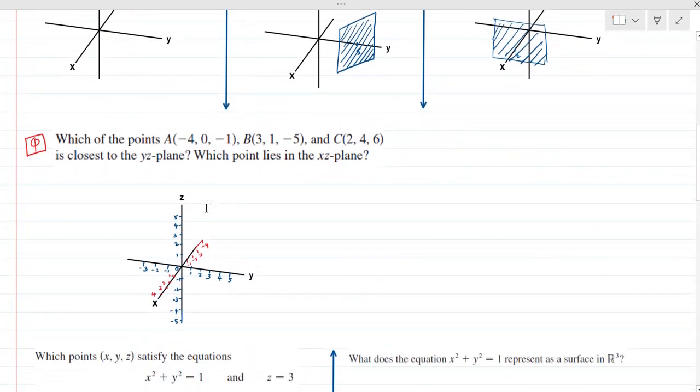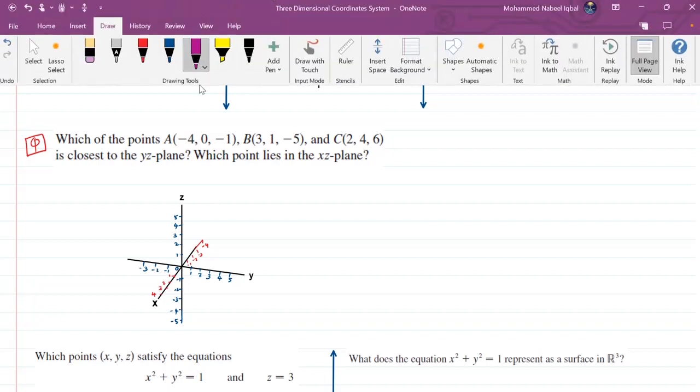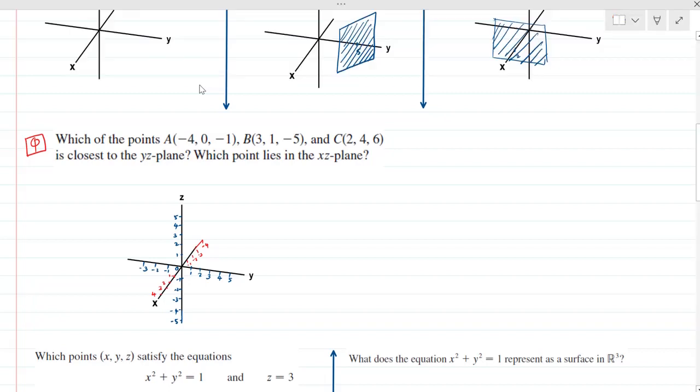Now which of the points A, B, C is closest to the YZ plane, and which point lies in the XZ plane? First of all we have to plot these points. First I will take A, minus 4, x equal to minus 4, it will go in the opposite direction, and y is equal to 0 and z is equal to minus 1.